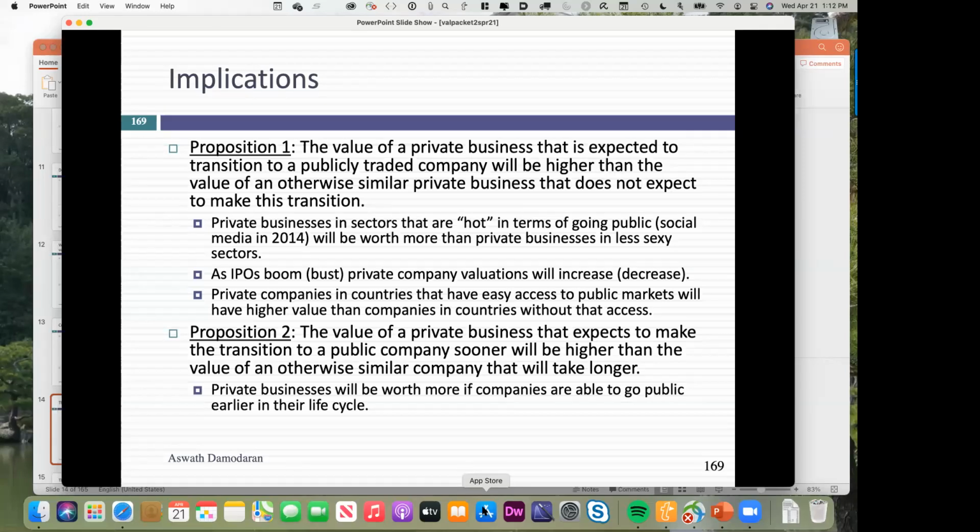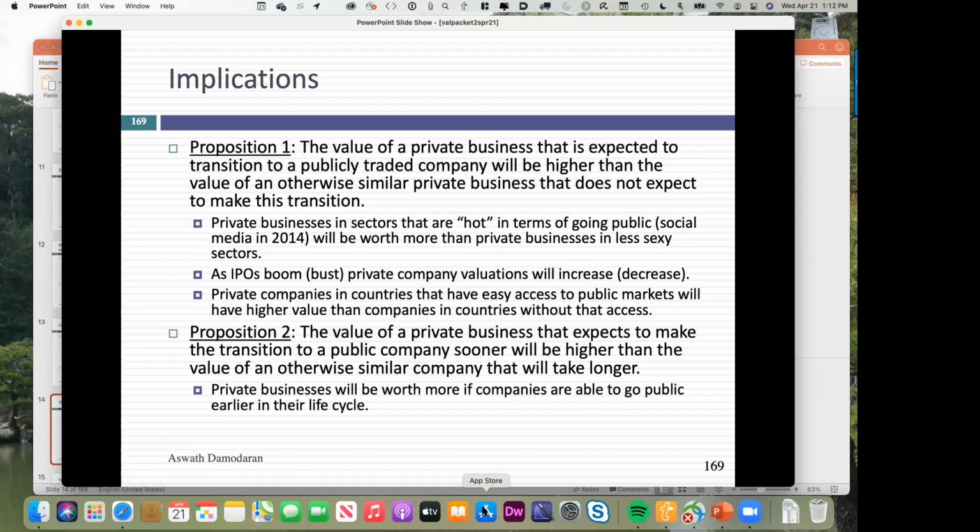So if you have an AI company or a technology company, given that AI technology companies are likely to be acquired by other public companies or go public, I'm going to attach a much higher value to that company than a privately owned grocery store where you say, look, I can never go public. Second, the sooner you can shift from private to public, the more valuable you become as a company. Take that previous valuation. If you'd been able to go public in 2 years rather than 5 years, think of how much more your value would have been.